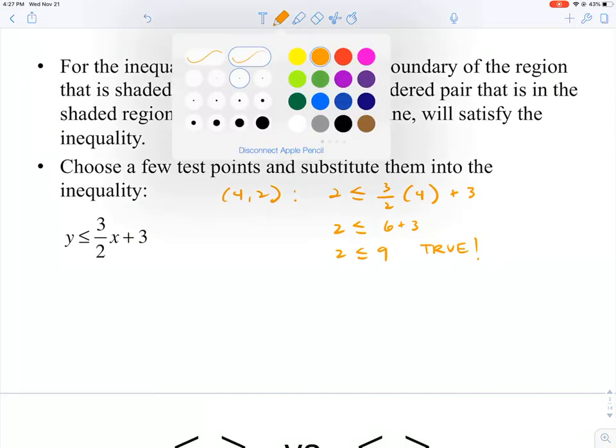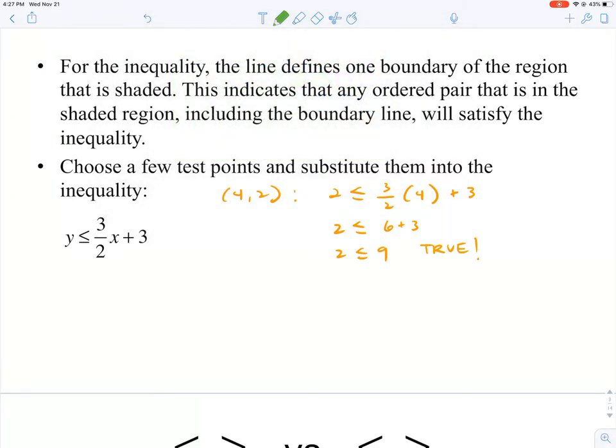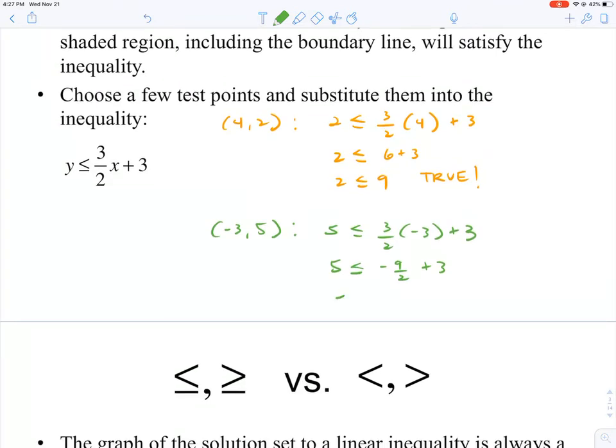Okay, let me switch colors just to differentiate. If I choose another point, how about (-3,5)? If I substitute 5 in for y and -3 in for x, I get negative 9/2 plus 3.